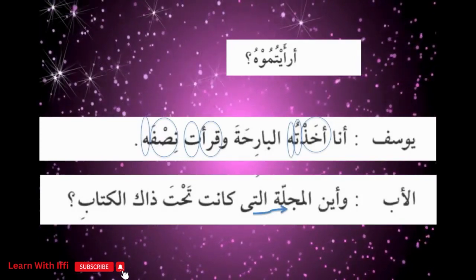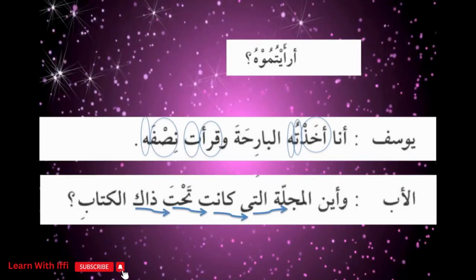Zarf is your khabar kana. But what comes after tahta is your mudaf ilayhi. So tahta is connected to kanat because it is the khabar of kana, and zaka is connected to tahta because after zarf comes mudaf ilayhi.